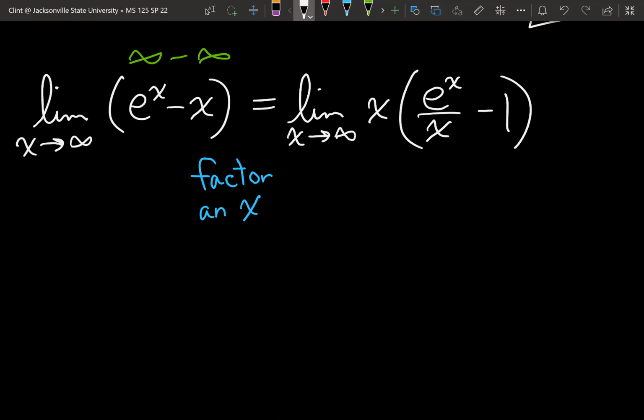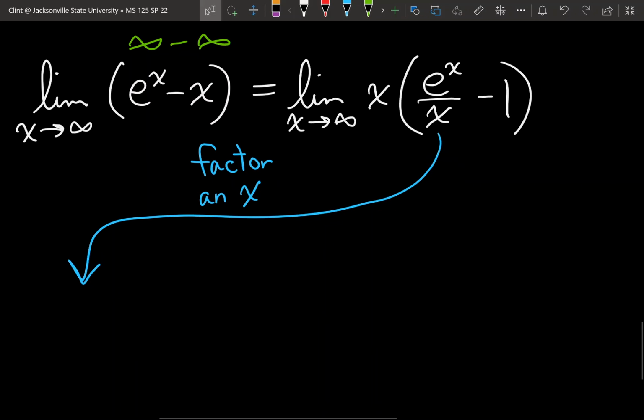The one kind of inconvenient thing is that the limit as we approach infinity of e to the x over x gives us infinity over infinity. So I'm going to break that part out separate. After you get that answer, this is a nice problem. But we need to figure out what to do with that part.